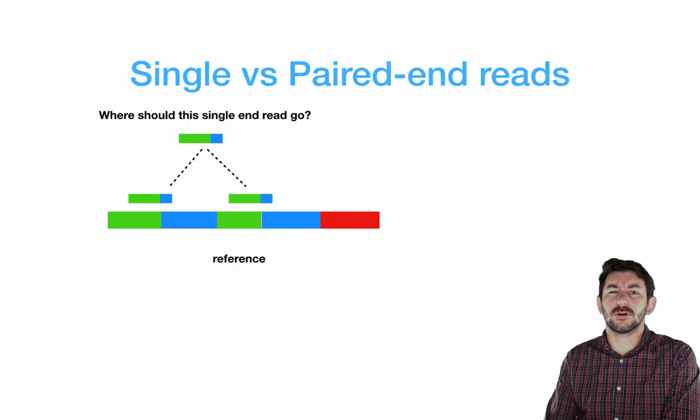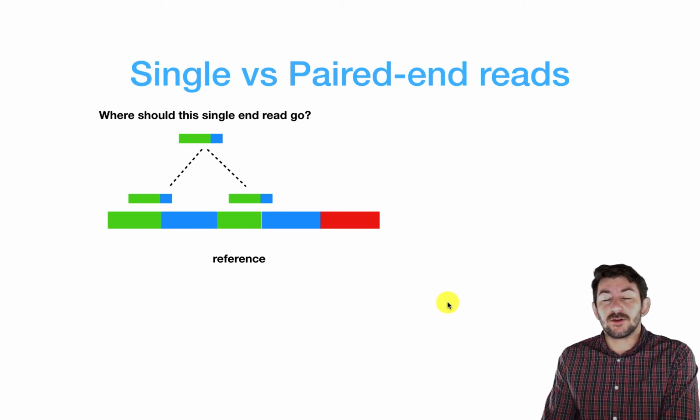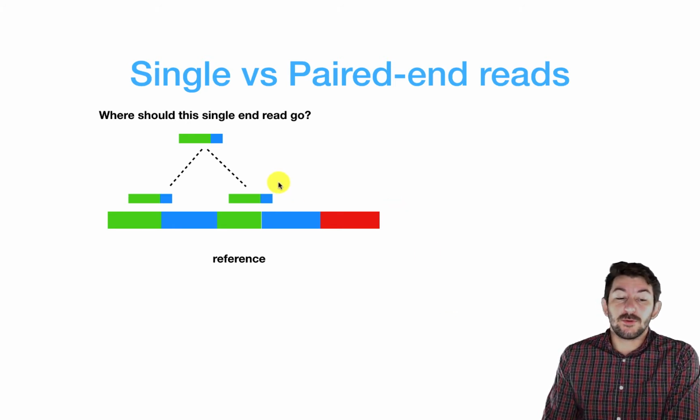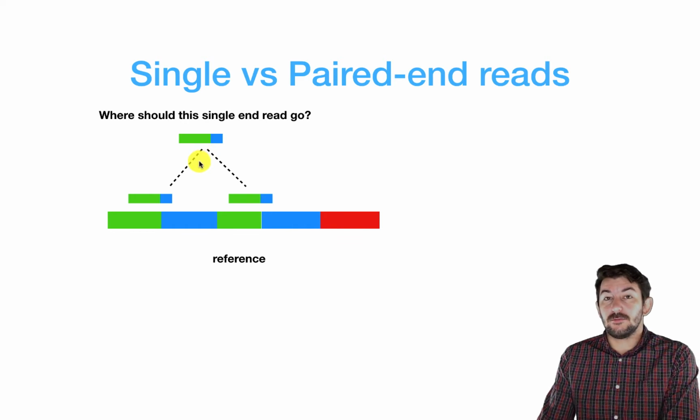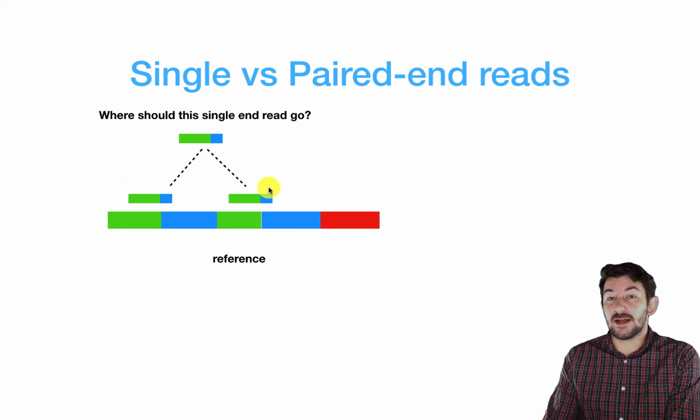And why is this useful? So there are lots of regions of genomes where there are repeats or high regions of similarity. And so in instances where you have, for example, this repeat here where you've got this green then blue and then this green then blue here, if your read spans a green and a blue region, it could potentially map or fit onto either one of these two spots.